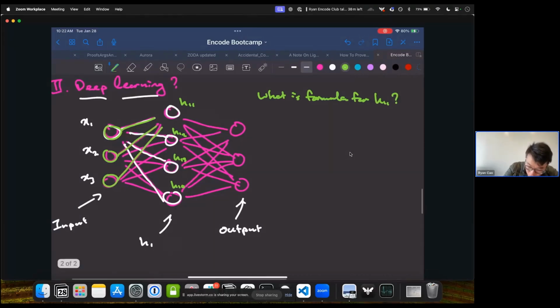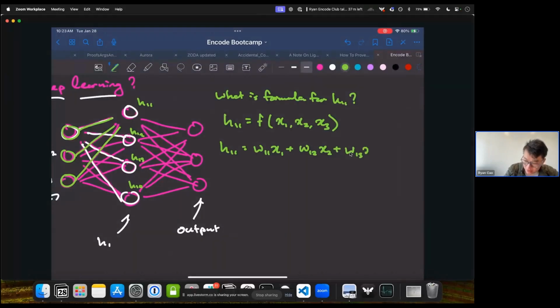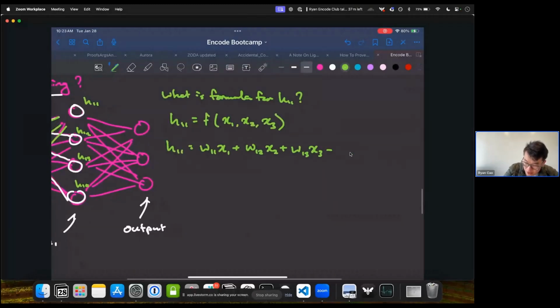So in other words, H11 should equal some function f of X1, X2, and X3. And in particular, in a multi-layer perceptron, we basically have a linear function. So in other words, H11 is going to equal W11 X1 plus W12 X2 plus W13 X3. And usually there's also a bias term, but we can just keep that as well.